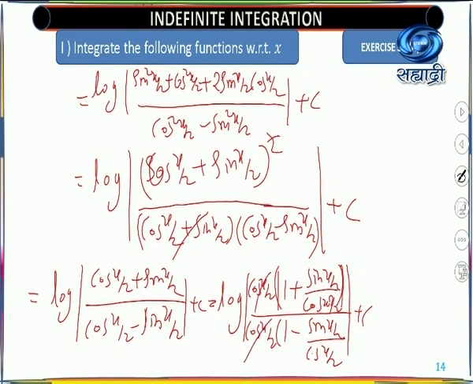So this cos x by 2 will get cancelled. I will write this 1 as tan pi by 4 because tan pi by 4 is 1.